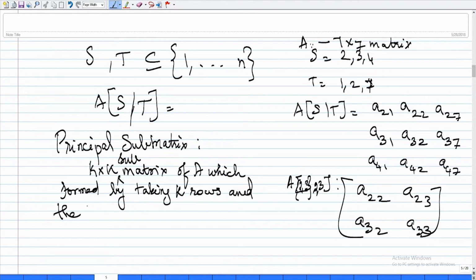If I take rows 1, 2, 3, then I take columns 1, 2, 3. Now, a minor is nothing but the determinant of a submatrix, and a principal minor is the determinant of a principal submatrix.